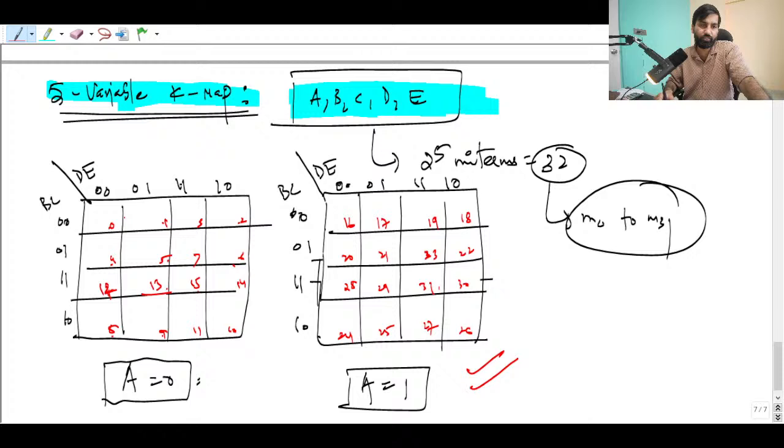Whenever you are minimizing this, whatever implicants you get, or prime implicants, or essential prime implicants, always associate A bar with that. Here also A you have to associate.